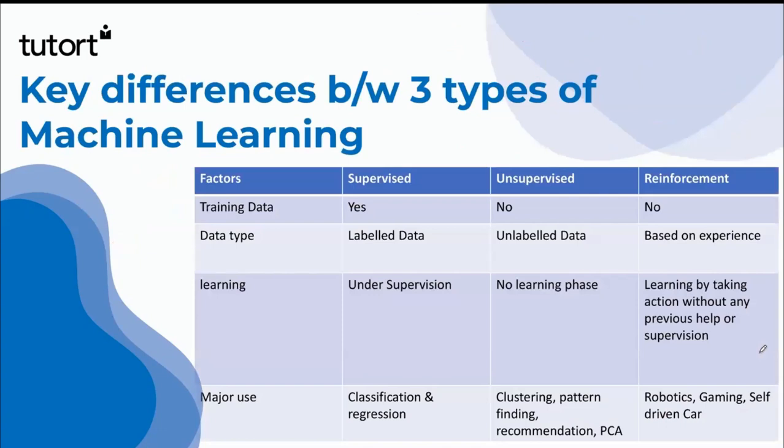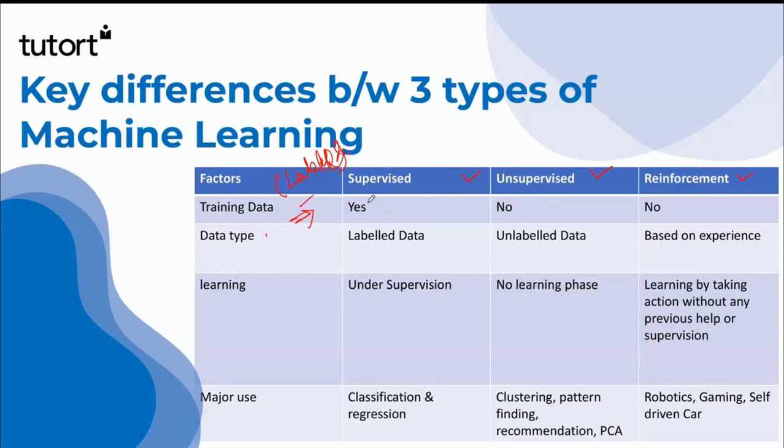Now let's compare all three types of machine learning algorithms. So far we have discussed the supervised, unsupervised, and reinforcement machine learning algorithms. In supervised machine learning, we have training data. What do I mean by training data? I mean that the data is labeled data.